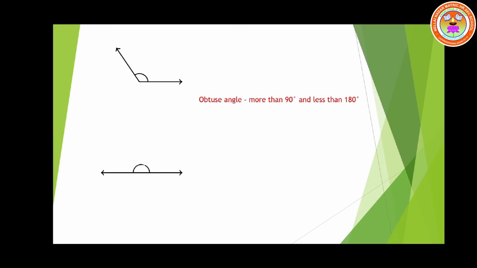Now look at this. It is a straight line. Yes, two rays are joined together such that it makes a straight line. So there is an angle formed. What type of angle is this? Straight angle, which is equal to 180 degrees. Very good. So these are the types of angles we have learnt.